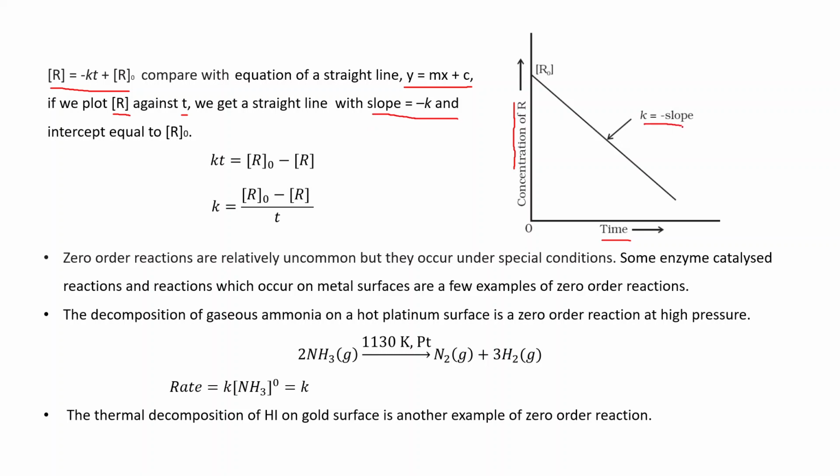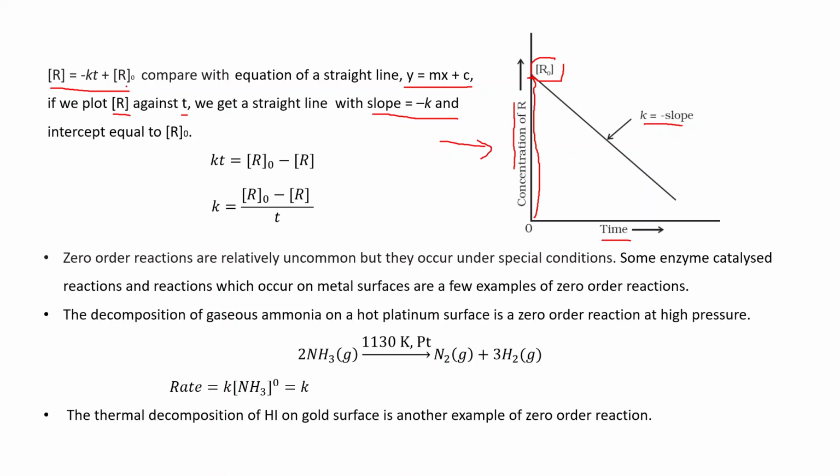The slope is equal to minus k, or we can say k is equal to minus slope, and this is the intercept from this to this. This intercept is equal to R naught. That's why this is the graph for the integrated rate equation for zero order reaction.